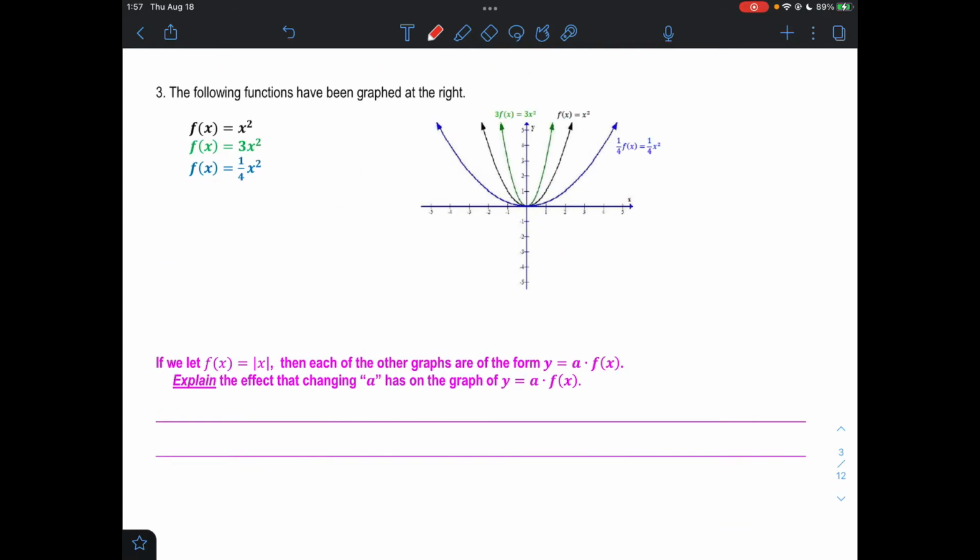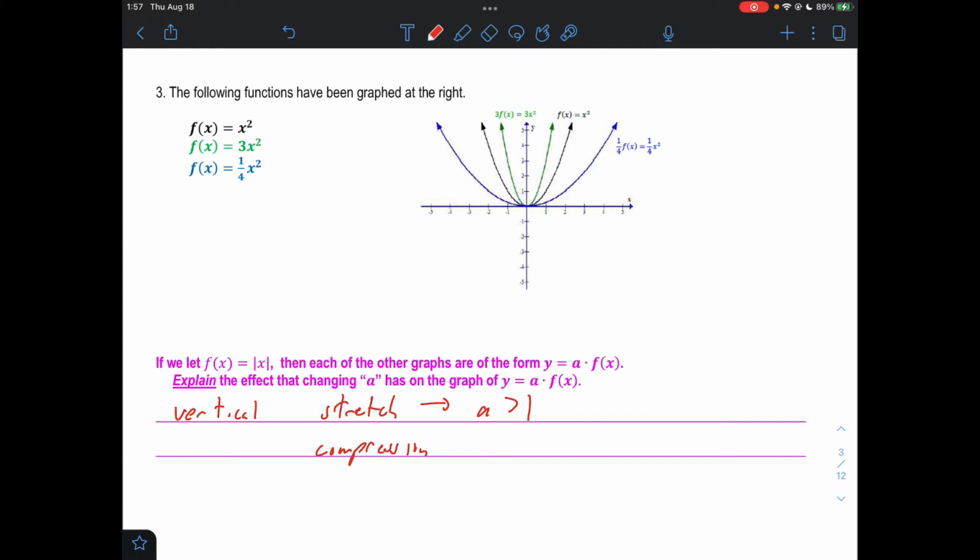The third one here, if we multiply the function by some number, you see the x squared function in black, and if we multiply by a number bigger than 1, you see what happens in green, and a number smaller than 1, you see what happens in blue. This is called a vertical stretch or vertical compression. It's a vertical stretch if that number a is bigger than 1.